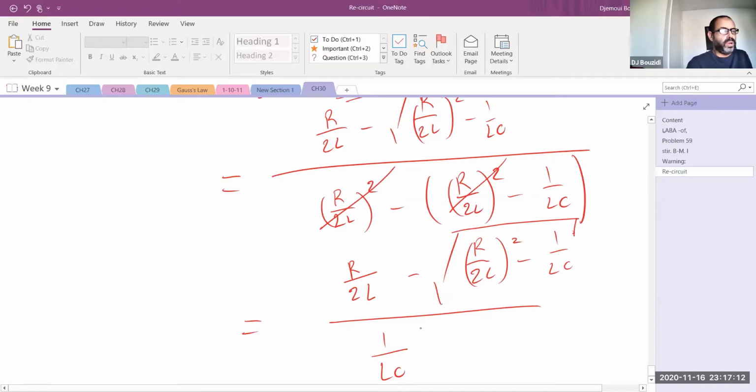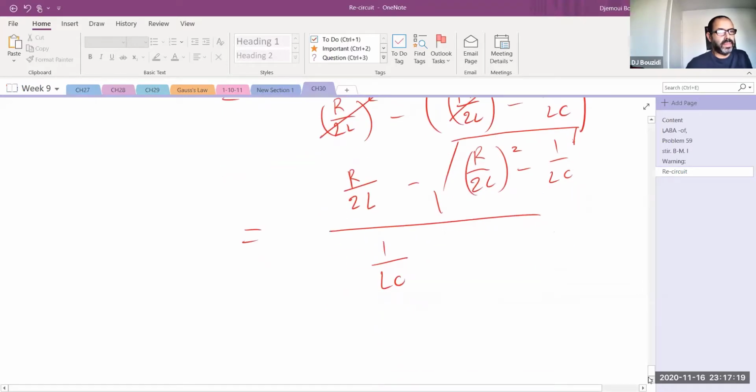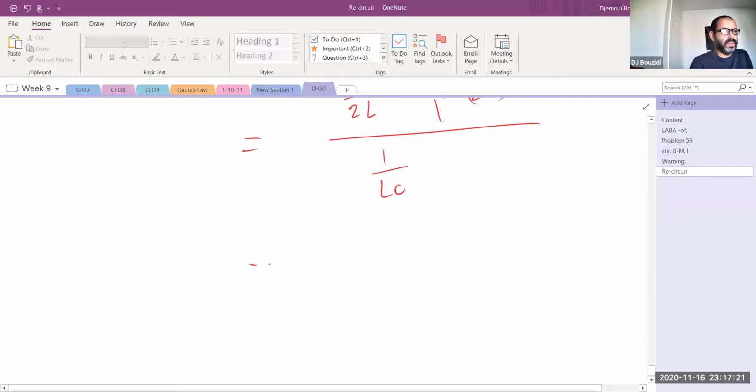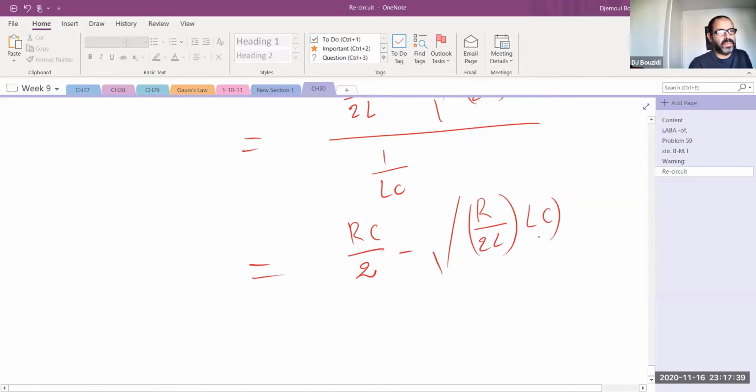Okay, 1 over LC is going to be just LC times that stuff, so it's going to be RC over 2 minus the square root of, again I'm going to square that number, so it's going to be 1 over LC, so it's going to be LC squared, so it's going to be R over 2L times LC squared minus LC squared divided by LC.